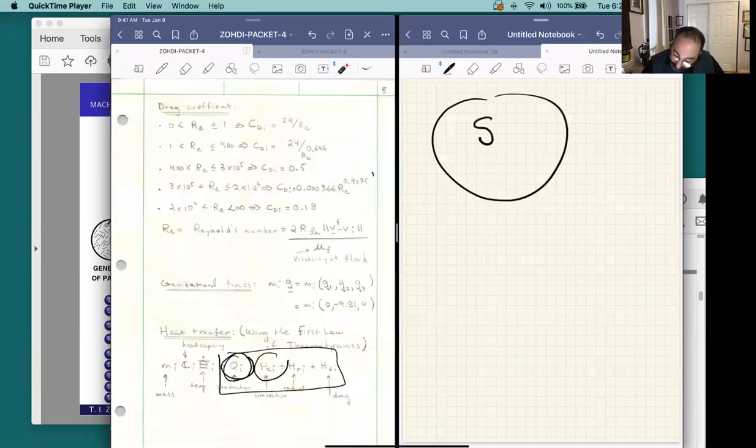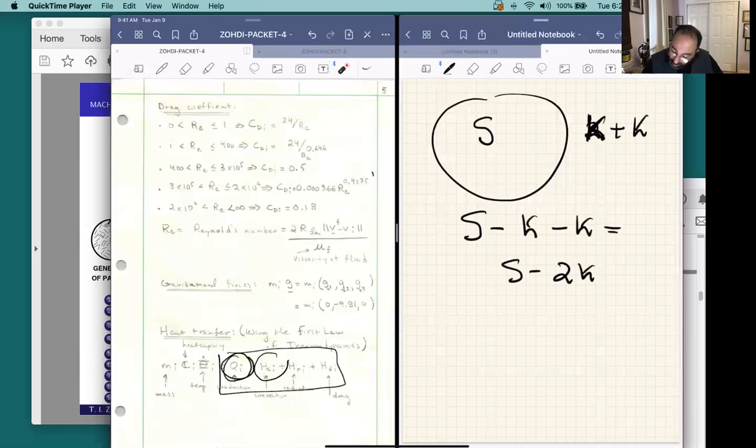I'm going to keep K parents, plus K children, okay? If I take S and subtract away K and subtract away K, what's left is S minus 2K. Those are all the things that I'm going to have to add into the system to make the system stay as a population of S.